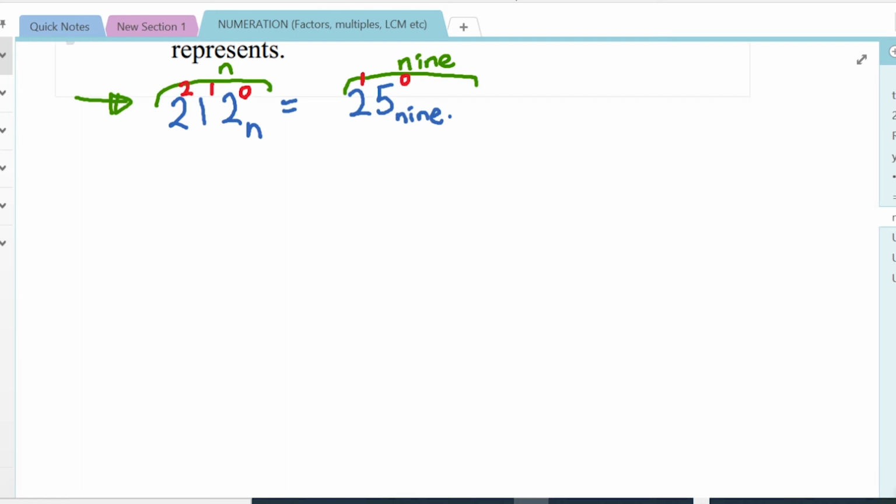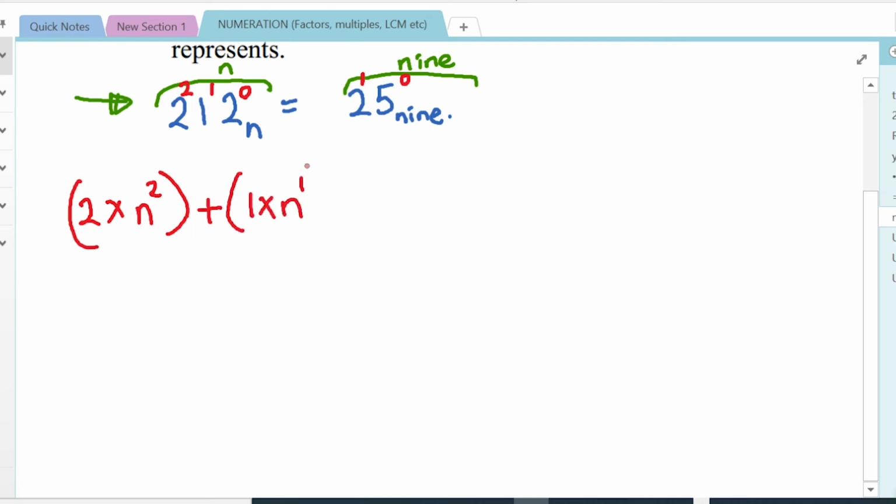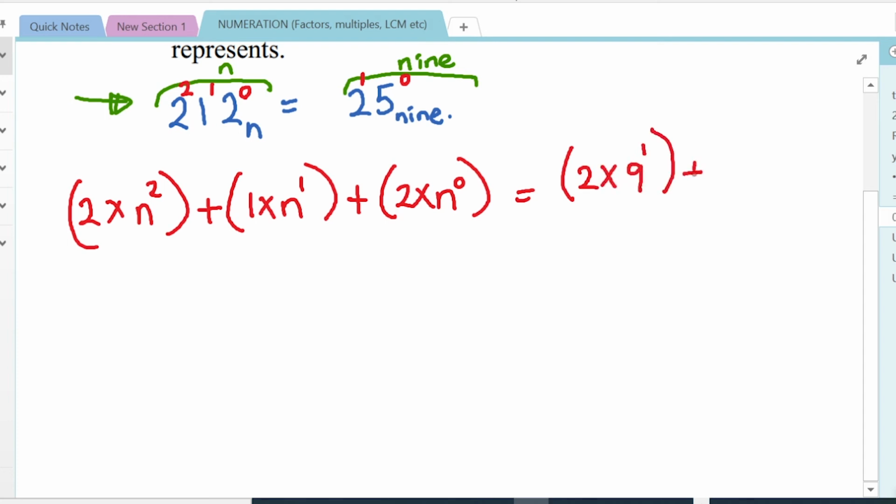base 10. So this is going to become 2 times n to the power 2 plus 1 times n to the power 1 plus 2 times n to the power 0 is going to be giving us 2 times 9 to the power 1 plus 5 times 9 to the power 0.